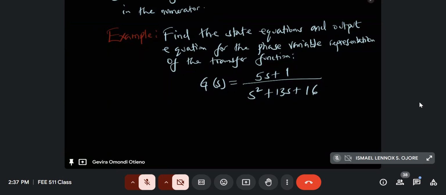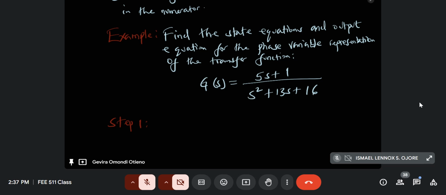Okay, so now we have to find a way of converting this transfer function into state space representation, but taking note of the fact that the numerator is not a constant like in the previous case.